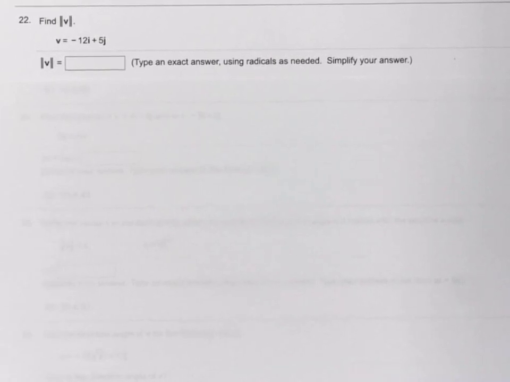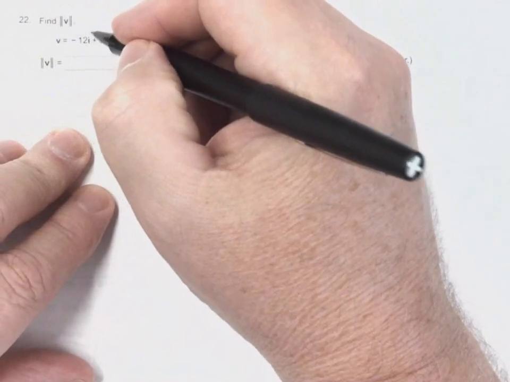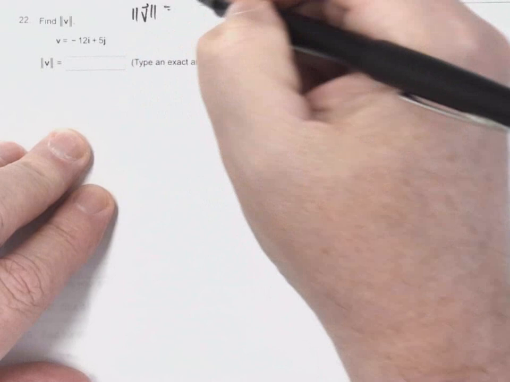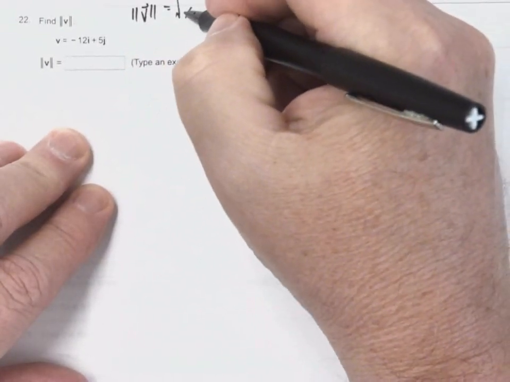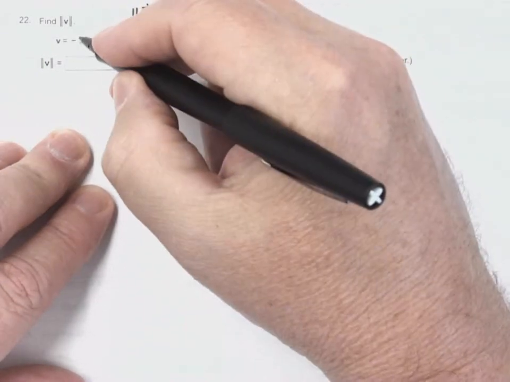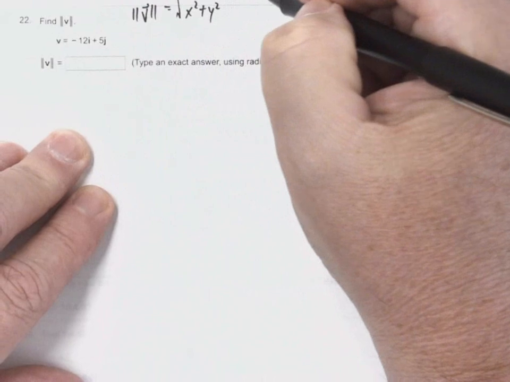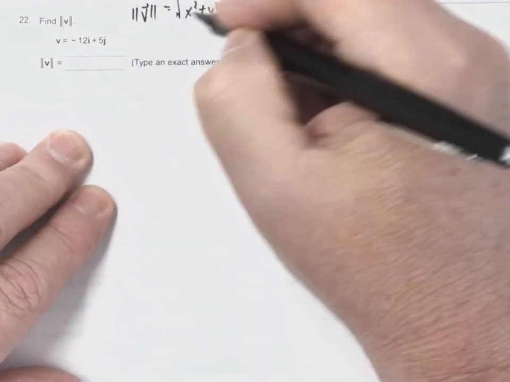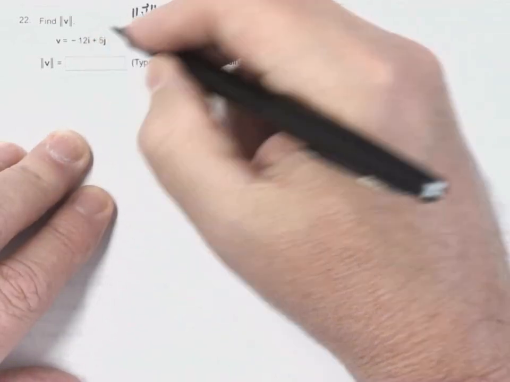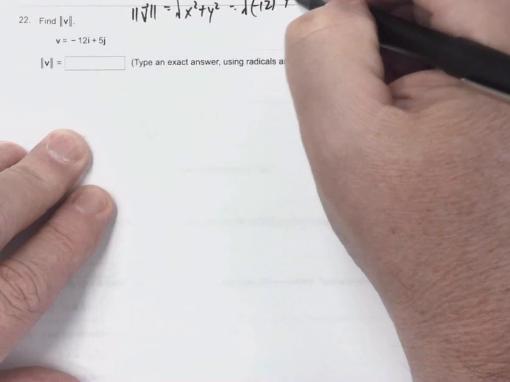So this first one, the magnitude is the square root of the x squared, which is, we think of the i like the x part, and the j like the y part. So the i part is minus 12, so minus 12 squared.